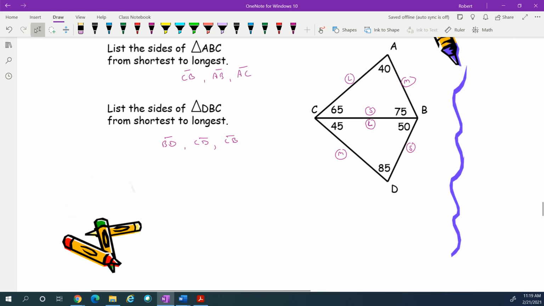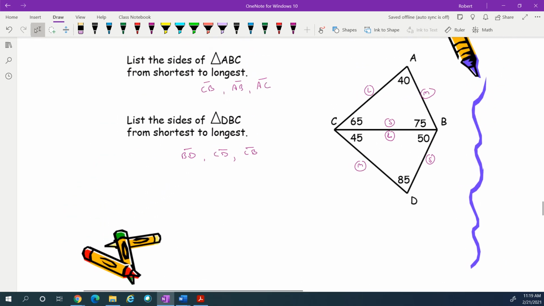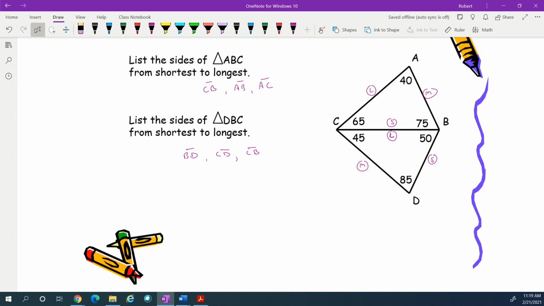The follow-up question for this, now that we've got each triangle labeled, is name the longest segment in the figure.